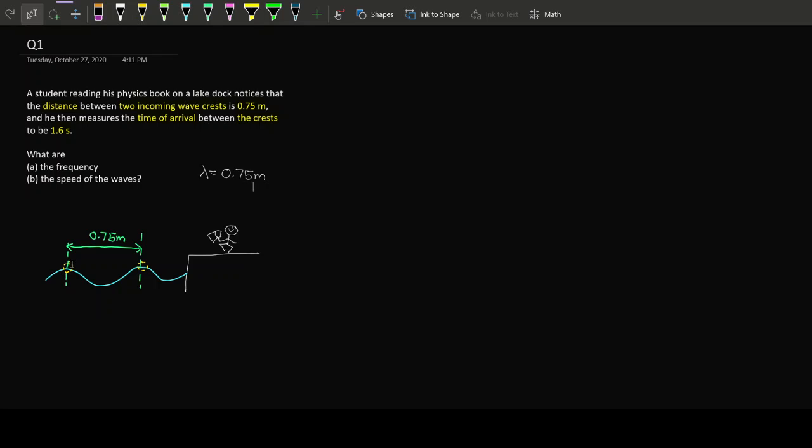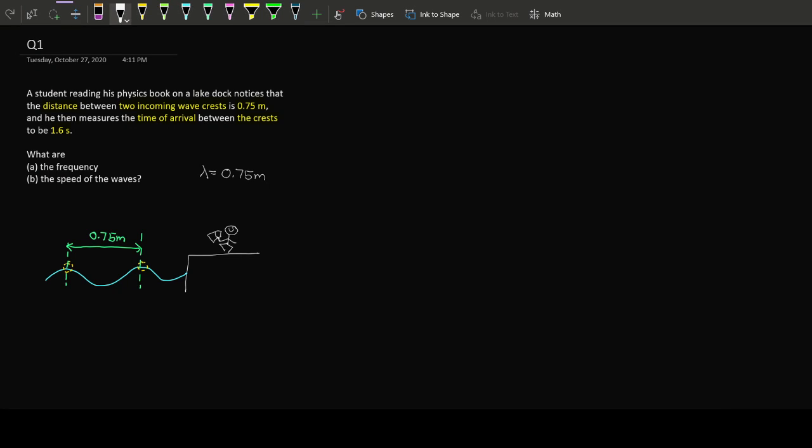In phase means that they are the same section of the wave. This is the peak section of the wave, and this is also the peak section of the wave, so both of them belong to the same section. They are of the same phase. So this is the distance between two successive points of the same phase. That's why it's the wavelength.